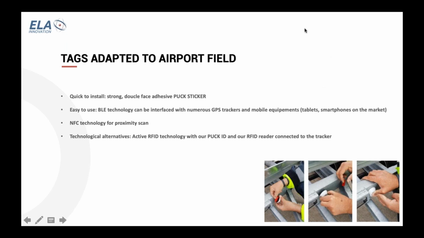And the last point is, in case the trackers used inside the motorized equipment on the airport or on the field are not equipped with Bluetooth, we can switch to active RFID technology using the same tags. The only difference is that we would have an RFID reader connected to the tracker in order to do the interface between our tags and the tracker inside the vehicle.